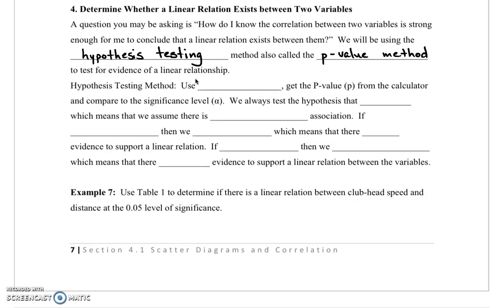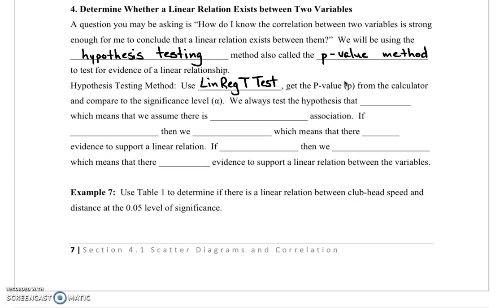To do the hypothesis testing method, we are going to use LinRegTTest, which is what we just used above to get the R value. And we can get the p-value from the calculator. The calculator calls it p, just like in regular hypothesis testing, and we compare it to the significance level alpha.